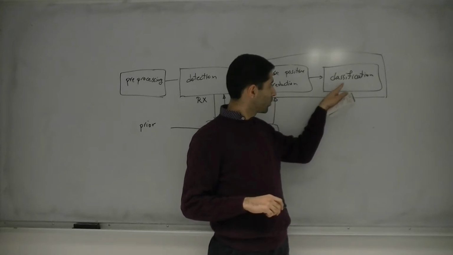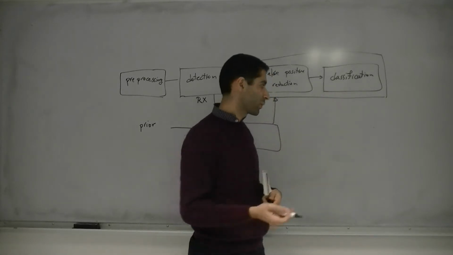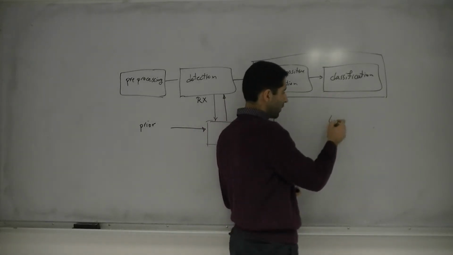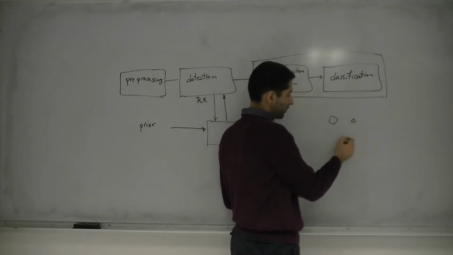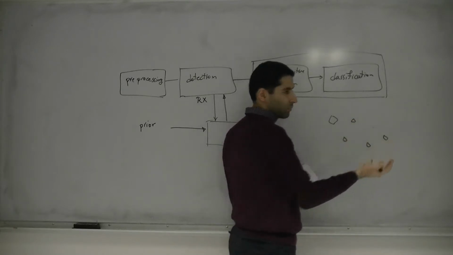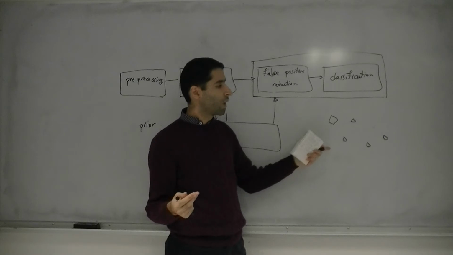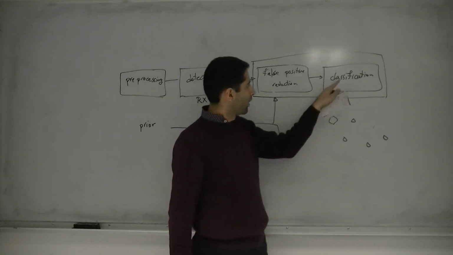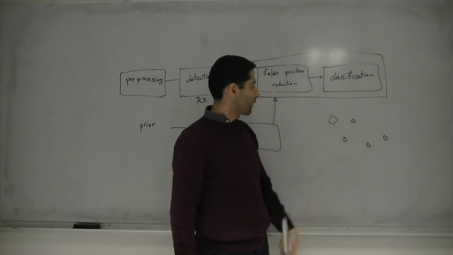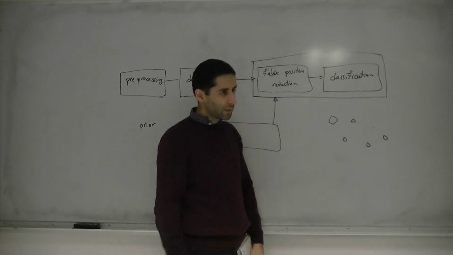Really, when we go to the classification, we have the set of candidates. For example, there are some nodules in the lung, and the goal of the classification is to detect the stage.